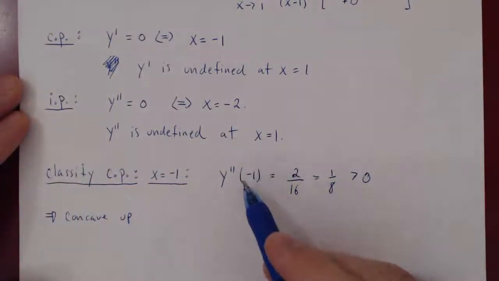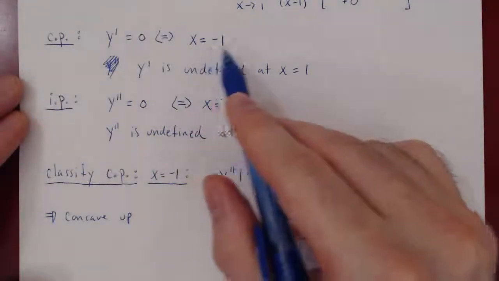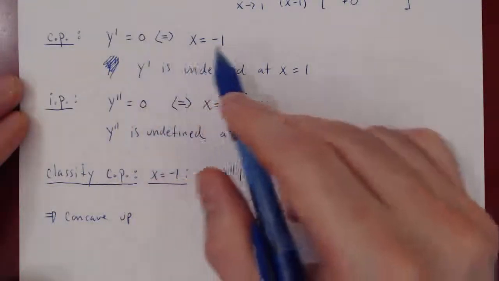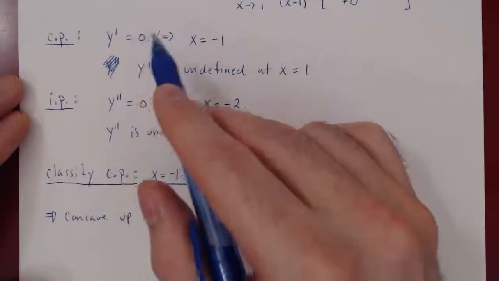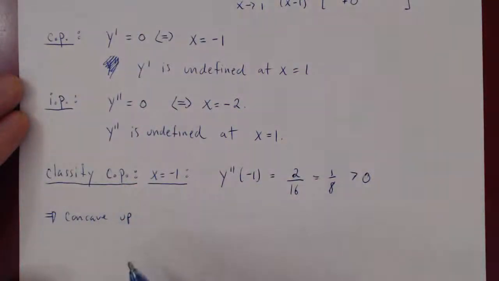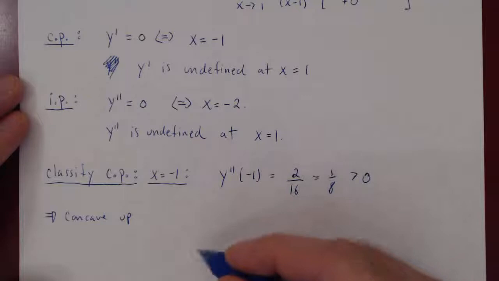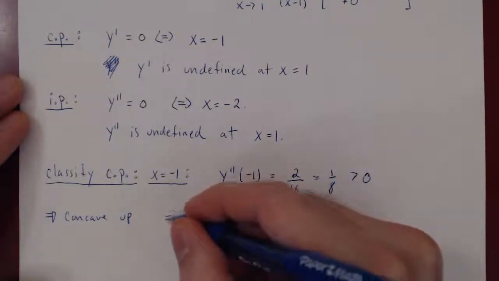And because x equals negative 1 was a point for which the derivative was 0, at x equals negative 1 the curve is flat. And because it is concave up and the curve is flat, we must have a local minimum.